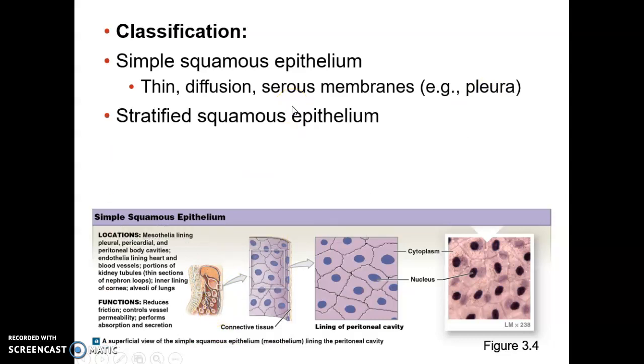Or in your lungs, where you would want a simple squamous epithelium for the little air pockets called alveoli that work really well with diffusion of gases. Stratified squamous epithelium is next, and we'll get to that one in our next lecture.